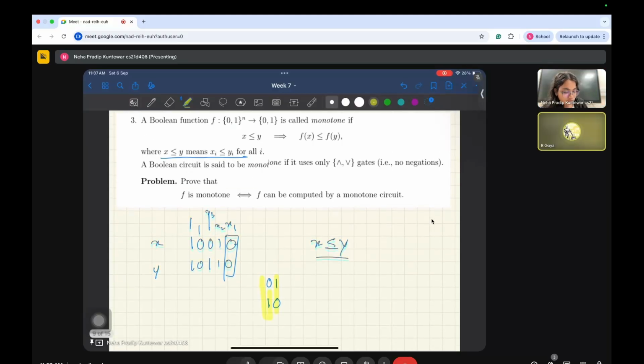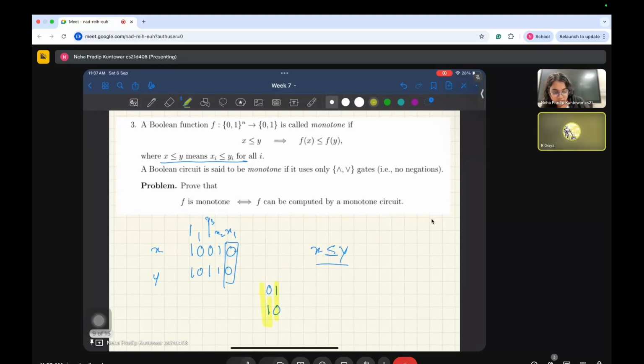There should not be any inconsistency. Sometimes this column is greater and the other one is smaller.